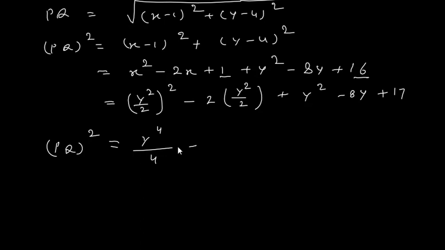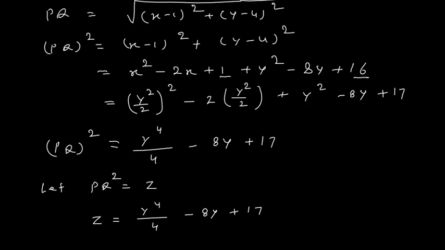So minus y square plus y square will cancel, then we have minus 8y and then we have 17. So this is the value of PQ the whole square. Let us take this PQ square as z. So I will say that z is equal to y power 4 upon 4 minus 8y plus 17.